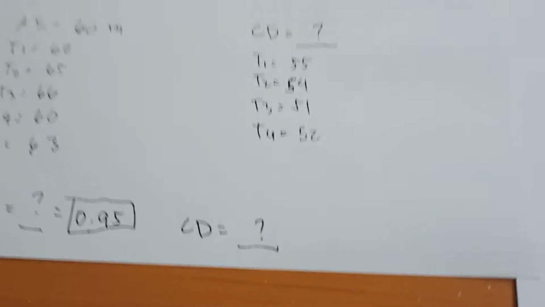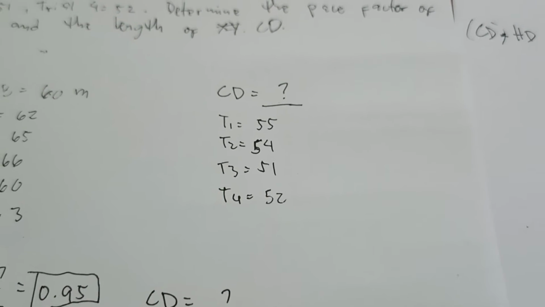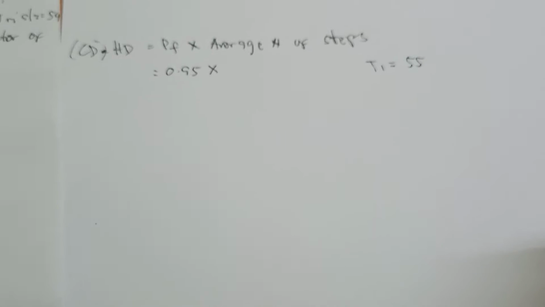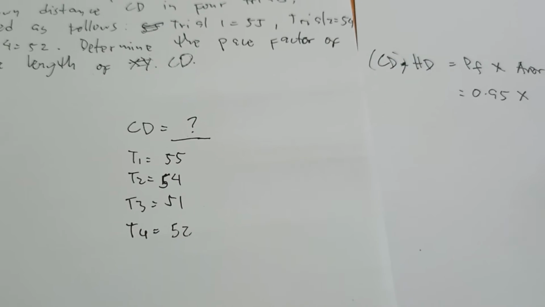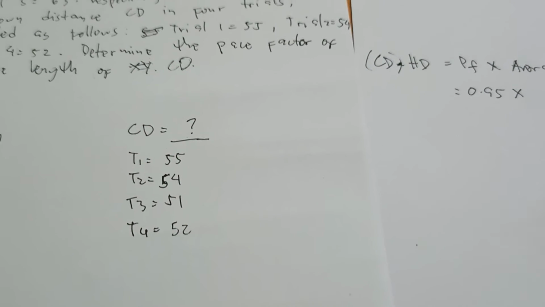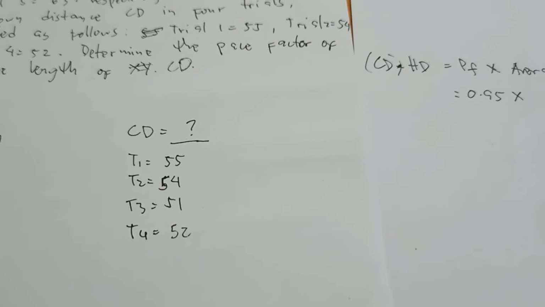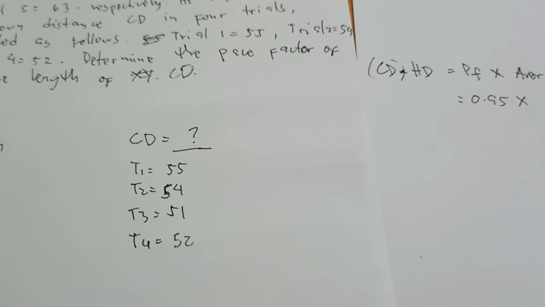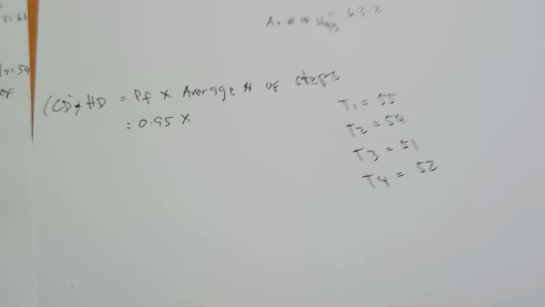So go back to the given. Write again: T1 is equals to 55. T2 is equals to 54. T3 is equals to 51. T4 is equals to 52.